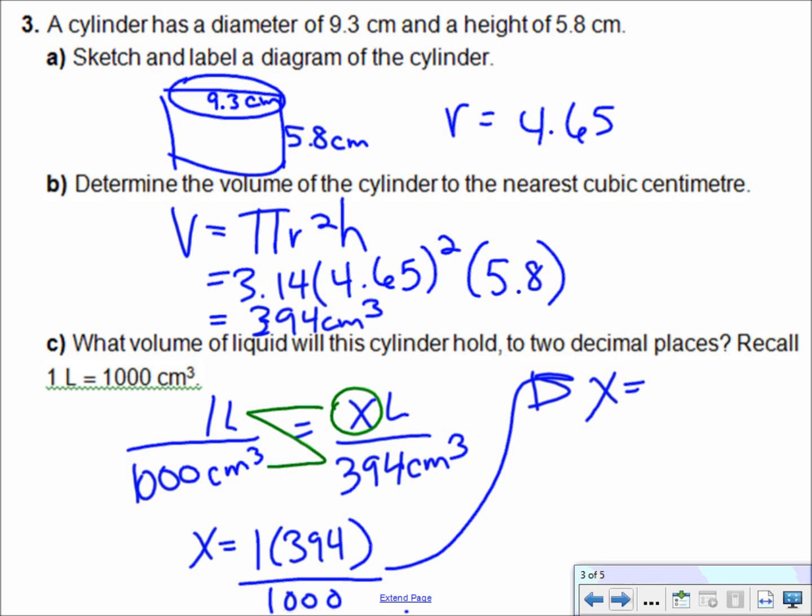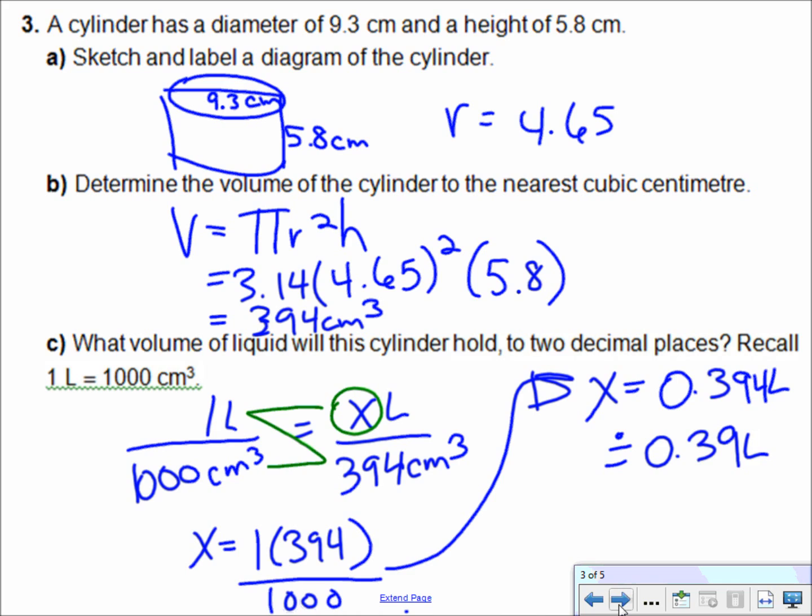So it will hold 0.394 liters. Oh, and it says 2 decimal places, so rounded it is 0.39 liters. This one's nice because it tells me right in the question that 1 liter is 1,000 centimeters cubed.